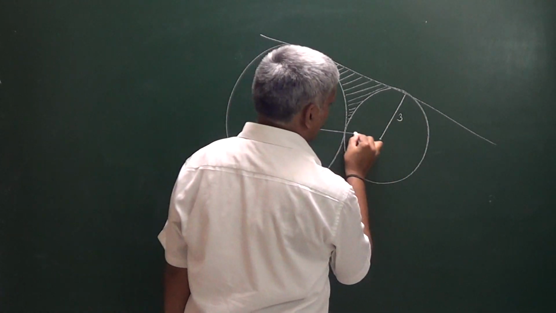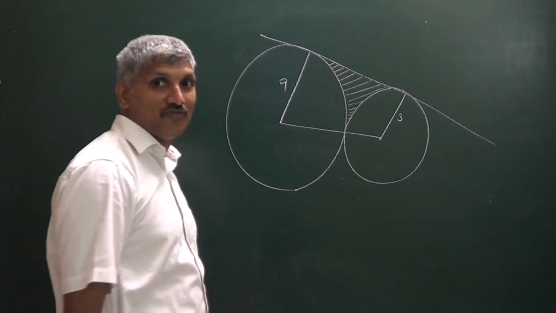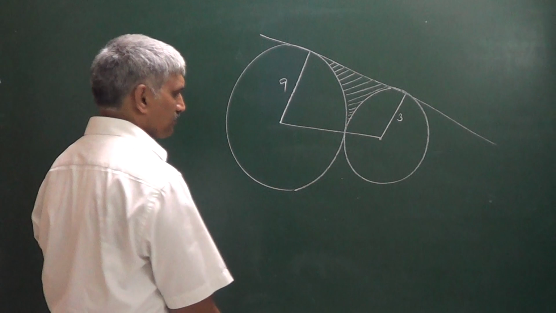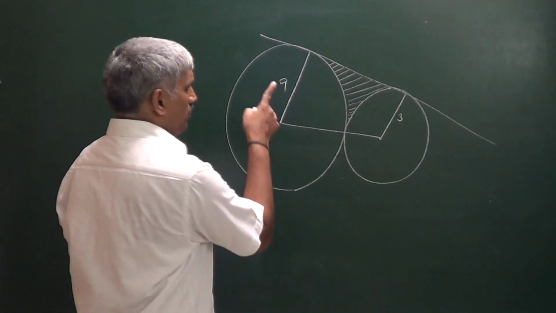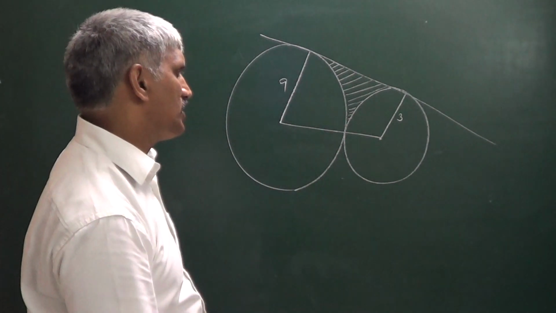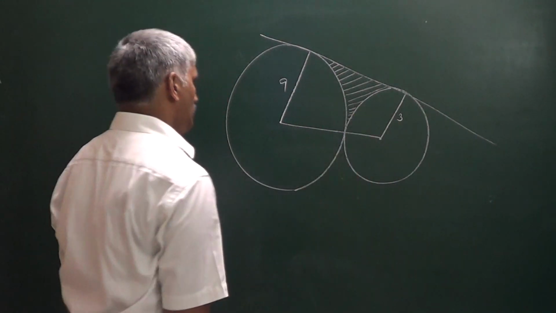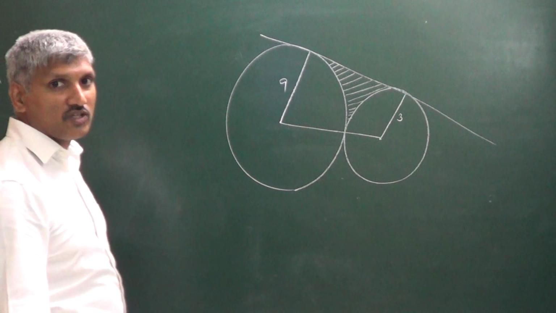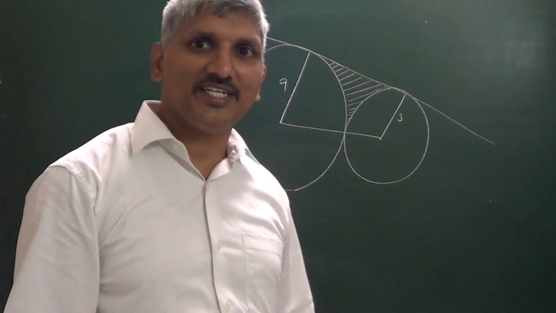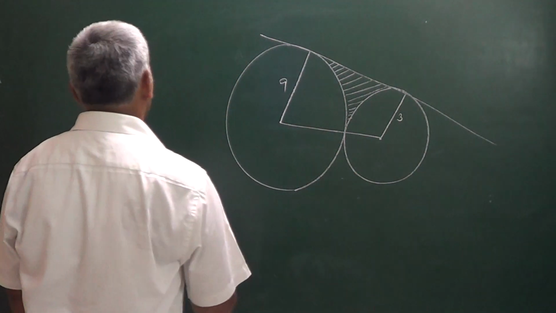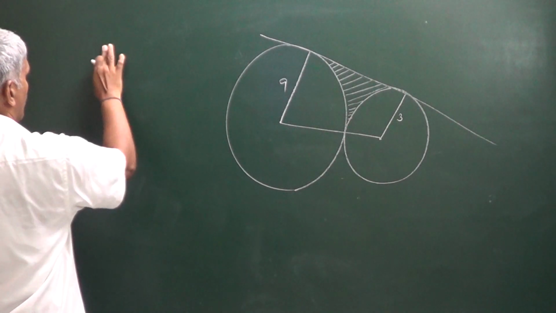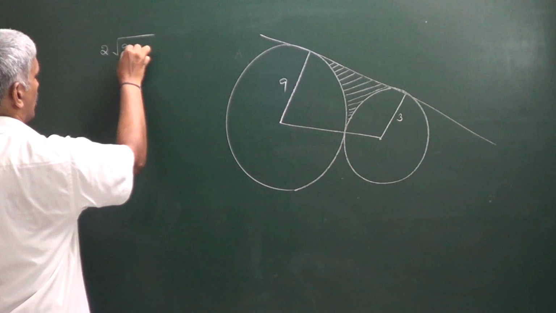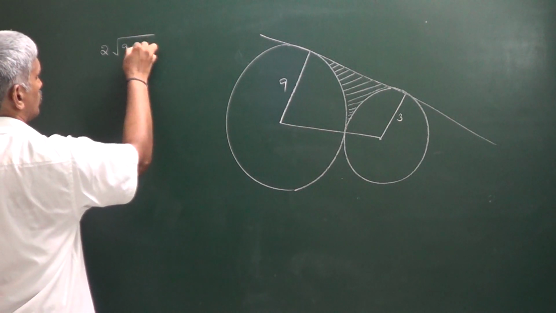Distance between two centers is equal to, we know D is equal to R1 plus R2, right? Okay. So now the radius of the circle is 9 and this one is 3. At the same time, can you tell me what about the length of the direct common tangent? The length of the direct common tangent is equal to 2 into root over r1 into r2.